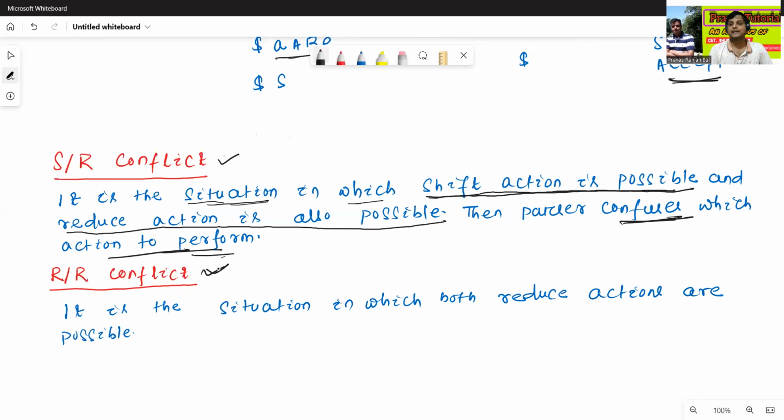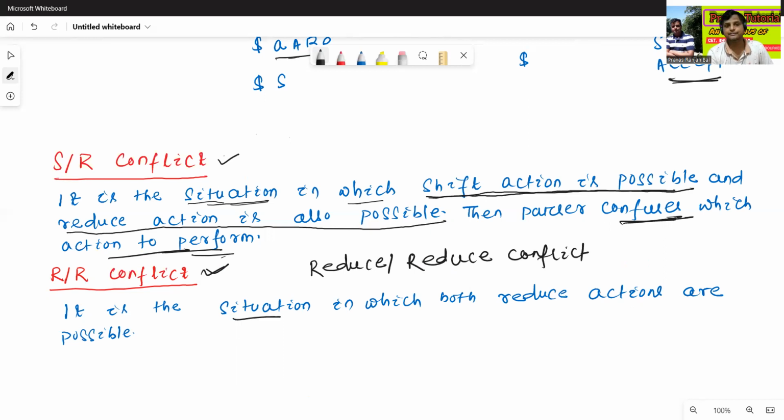We have already discussed the SR conflict, and one more conflict is there. This is called RR conflict. RR conflict means the first R means reduce, so we can write reduce slash reduce conflict.